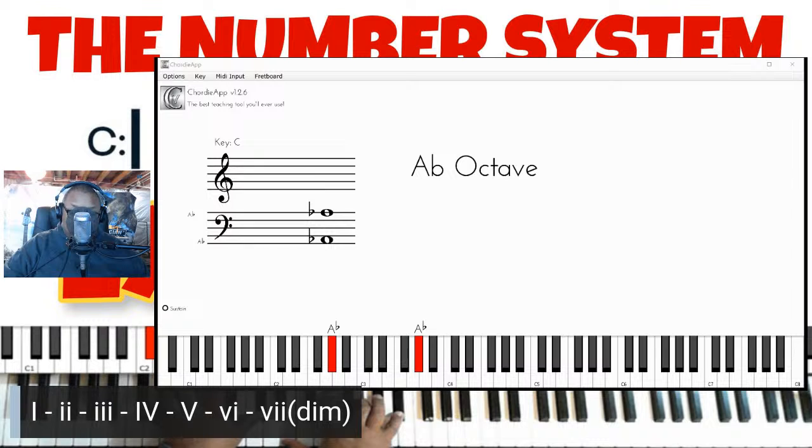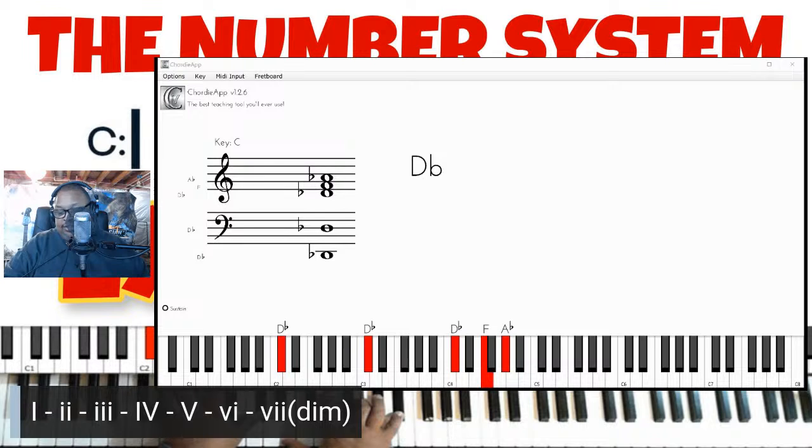A flat, that's 1, 2, 3, 4. So your 4th note in A flat is D flat. But that D flat is the 4th degree, so you play it as a major chord. D flat major. All right, you got it?